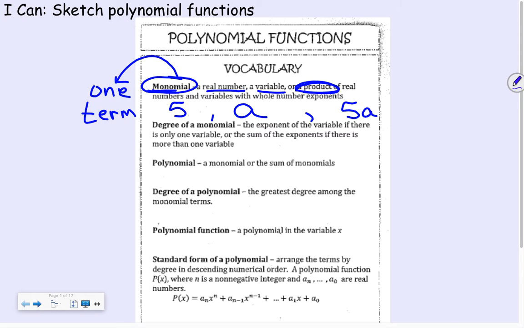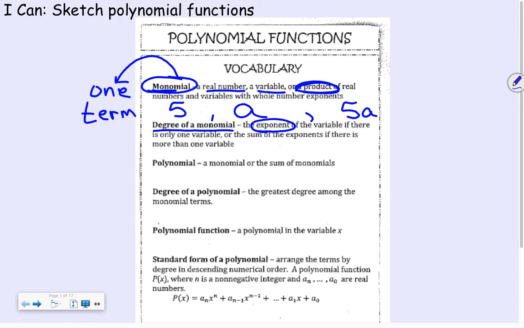What do you think we call two terms? Binomial. What do you think we call three terms? Trinomial. Okay. What's the degree of a monomial? It's the exponent of the variable, if there is only one variable.